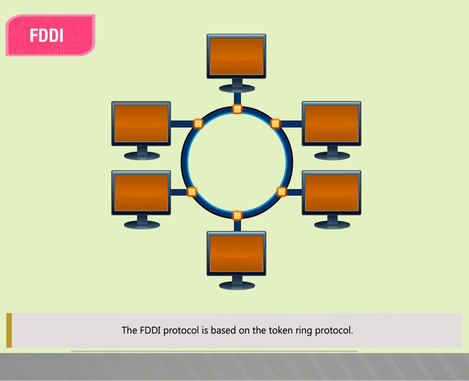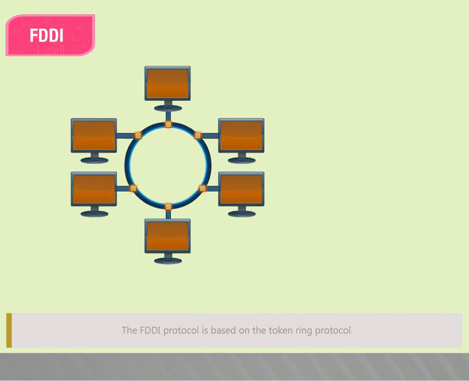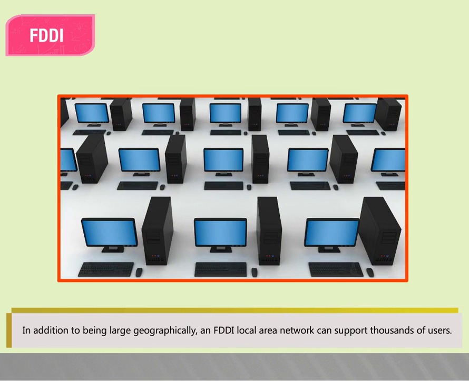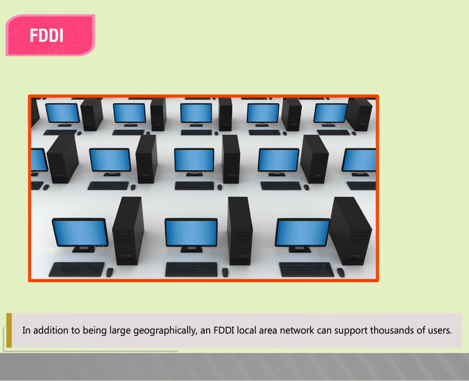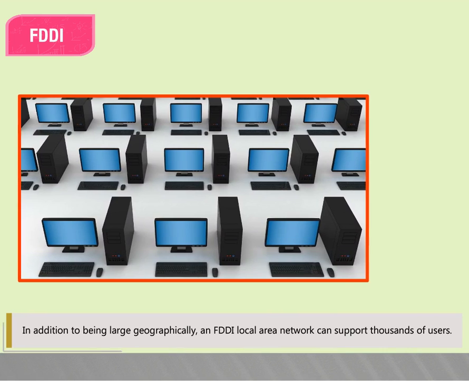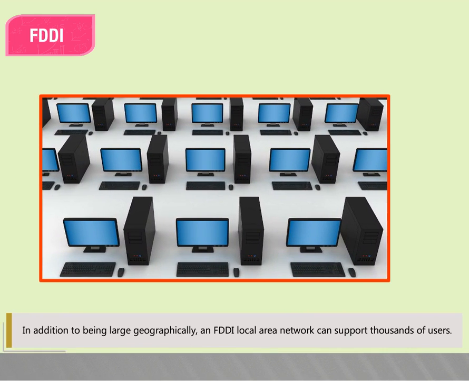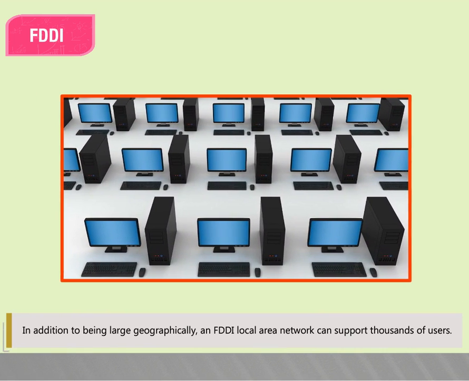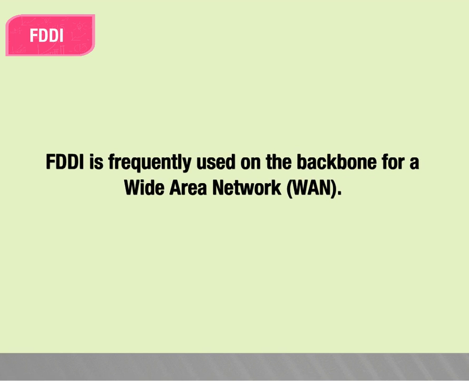The FDDI protocol is based on the token ring protocol. In addition to being large geographically, an FDDI local area network can support thousands of users. FDDI is frequently used on the backbone for a wide area network, WAN.